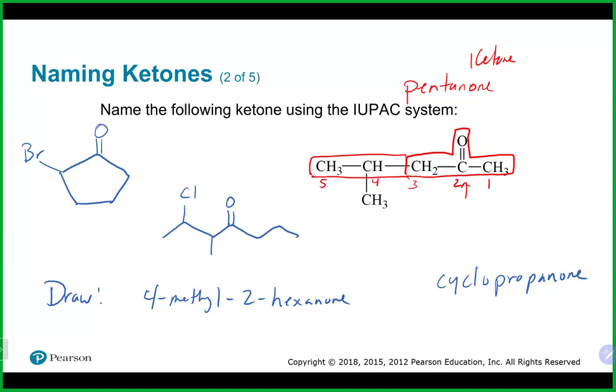And that would then mean that this is 2-pentanone. At this point, because we're locked into the numbering going in that direction, that would mean that my methyl group would be at 4, and this would be 4-methyl 2-pentanone. Any questions on that one there?